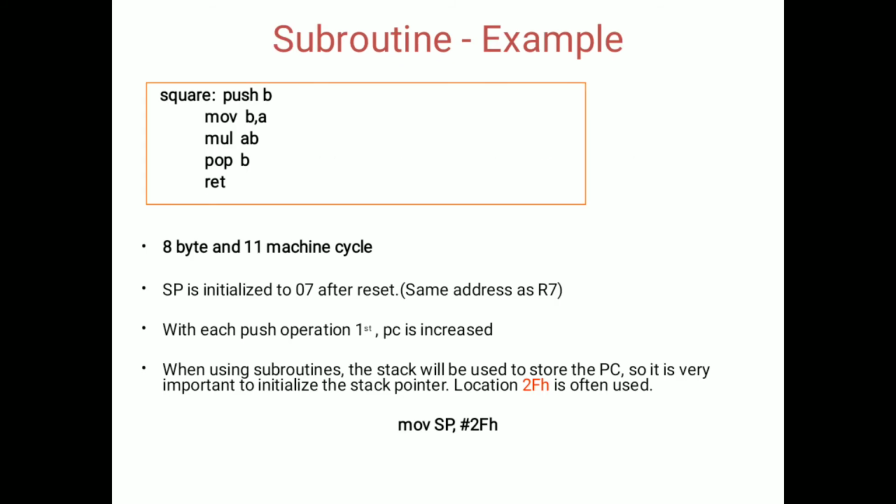Now take an example of a subroutine. Suppose we take a number from the stack memory, take care of whatever data is there, and then save it again at the same location. For that we have used push B. Whenever we use a subroutine, first we have to initialize the stack pointer, and the stack pointer is mostly initialized to 2FH.